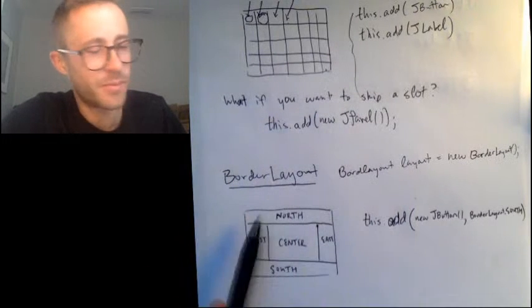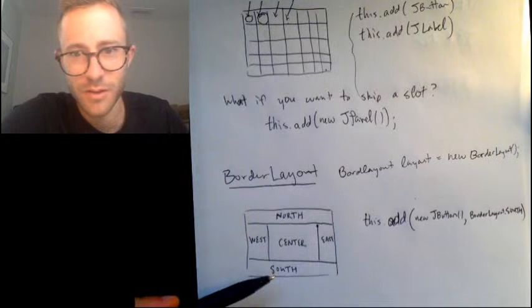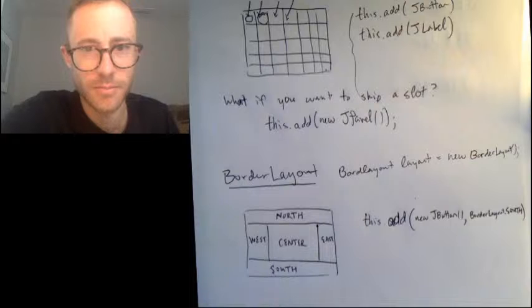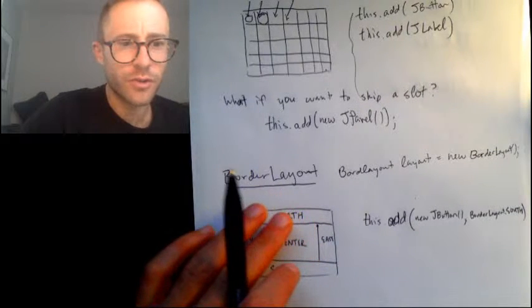Here you can skip. If you only wanted to add something to the south, you could just do that and then not have any more add method calls. Okay? So let's see how this works in practice.